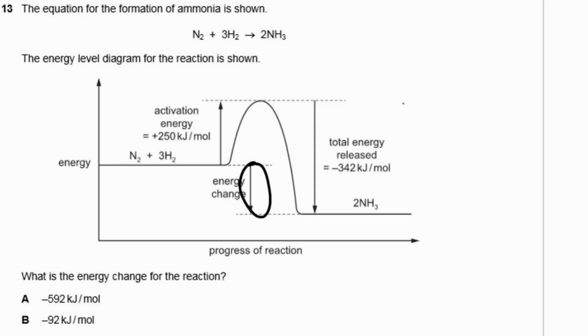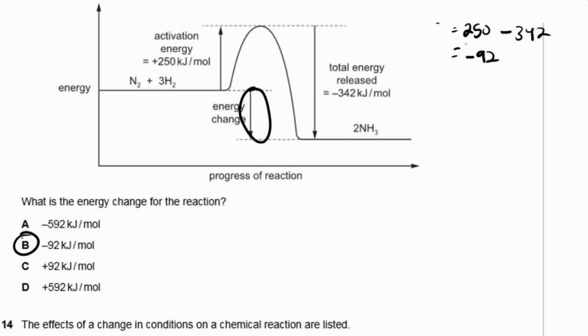So that is 250 kilojoules per mole minus 342 kilojoules per mole. So that is negative 92 kilojoules per mole. And you have to include the negative. That's very important because that means it's lost energy to the surroundings. Okay, so B is negative 92 kilojoules per mole.